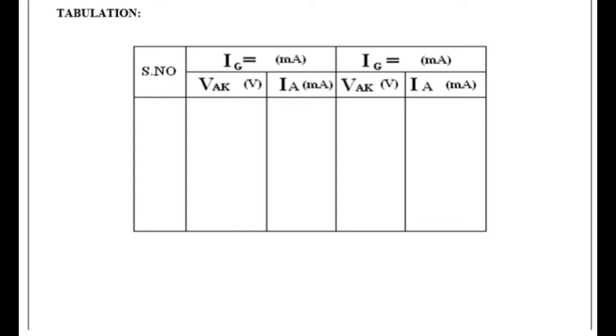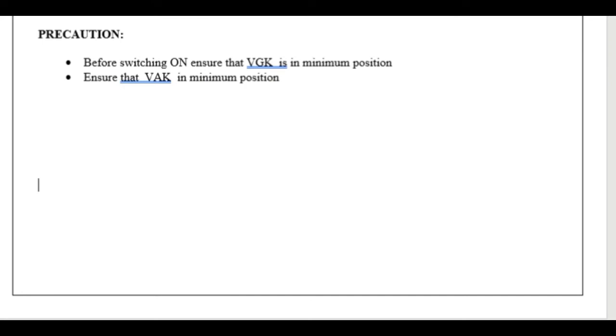By keeping gate current fixed at one level, the anode cathode voltage is to be varied, and correspondingly the anode current should be noted. These are all the required precautions for this experiment. Before switching on this circuit, ensure that gate cathode and anode cathode voltages are at minimum position.